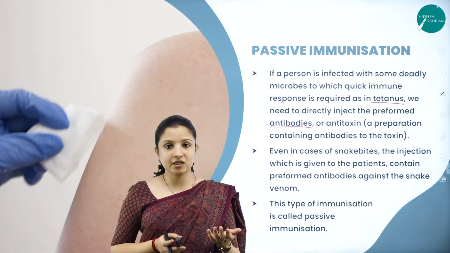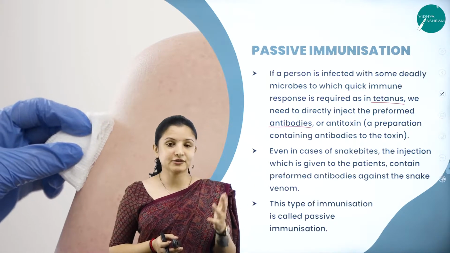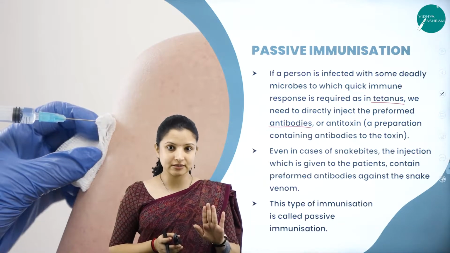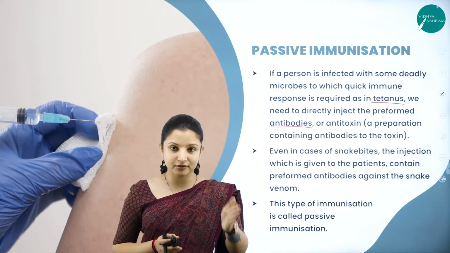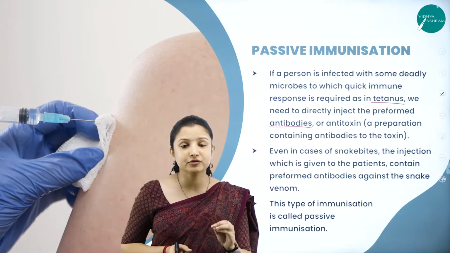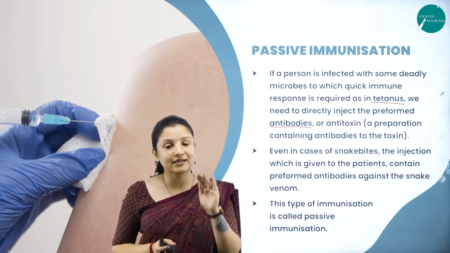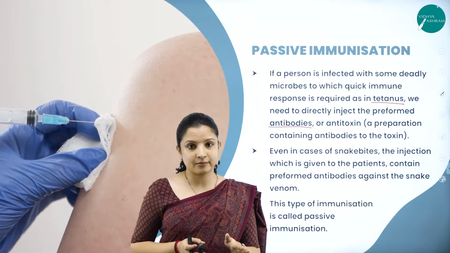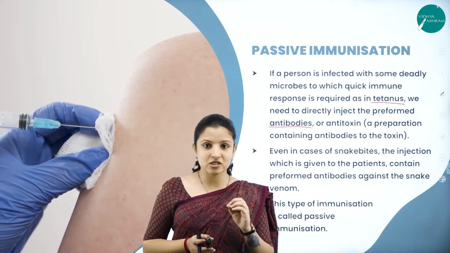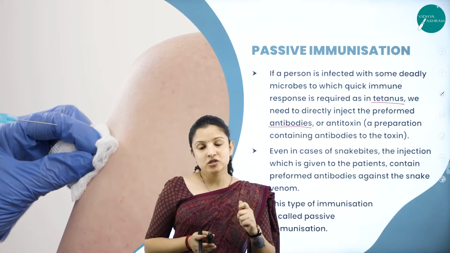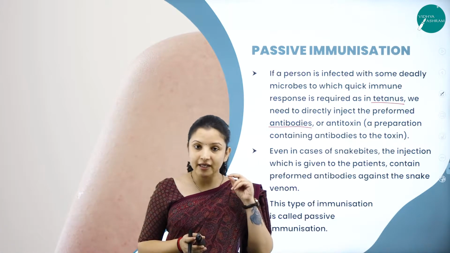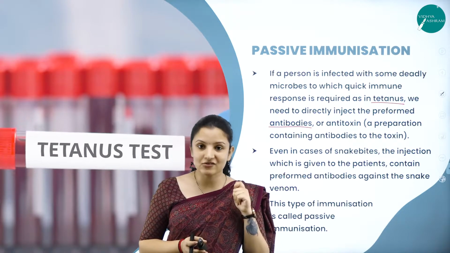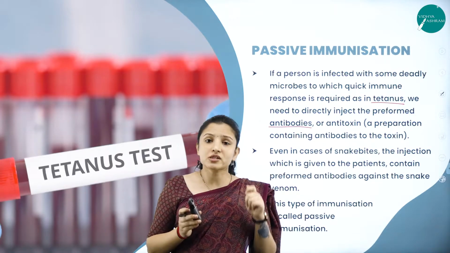Because if you wait for the immune cells to get triggered, to recognize what type of pathogen it is, and to produce the antibodies that will fight against that tetanus, the person would have been half dead by that time. So for certain diseases, the immune system should start producing immune cells within a second or so, which is not possible.